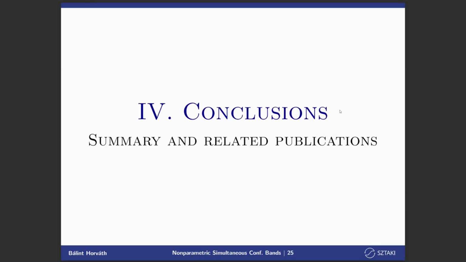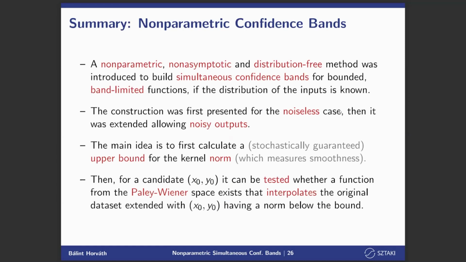And just briefly, hopefully I'm still in time, I just want to conclude basically what the method provides. I also listed the related publications that we worked on so far. So basically the core things that we can guarantee about this method: that it is distribution free.